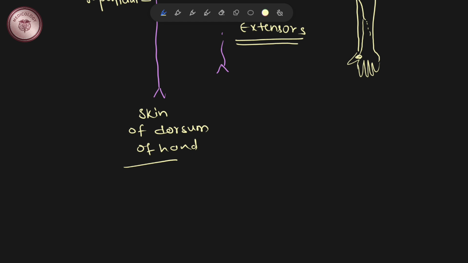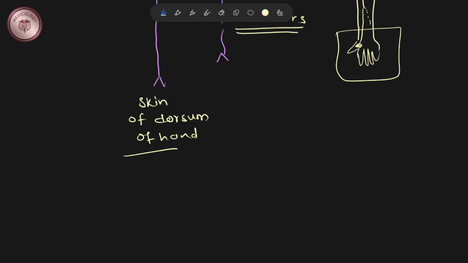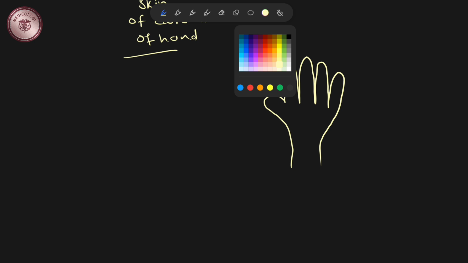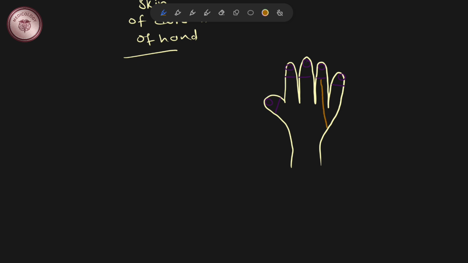In the hand, if I show this part to you, the third finger like this. Let's separate it with one color. This is our nail bed area. I want to tell you that in our hand there are also some areas supplied by the radial nerve.